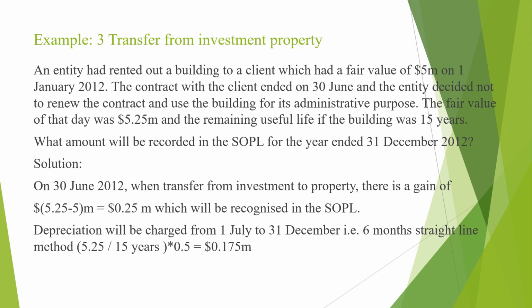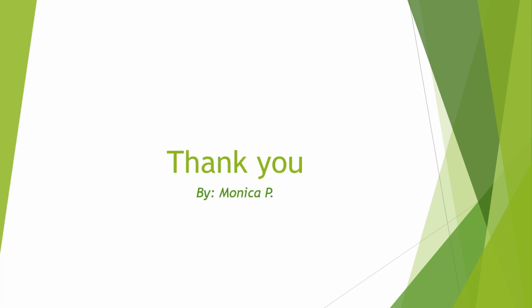So the value of the building was 5.25 when we recognized it on 1st July for PPE. Depreciation over 15 years. So we need to depreciate it for 6 months only. Therefore, half of it, and your depreciation would be 0.175 million, which will be charged to SOPL.